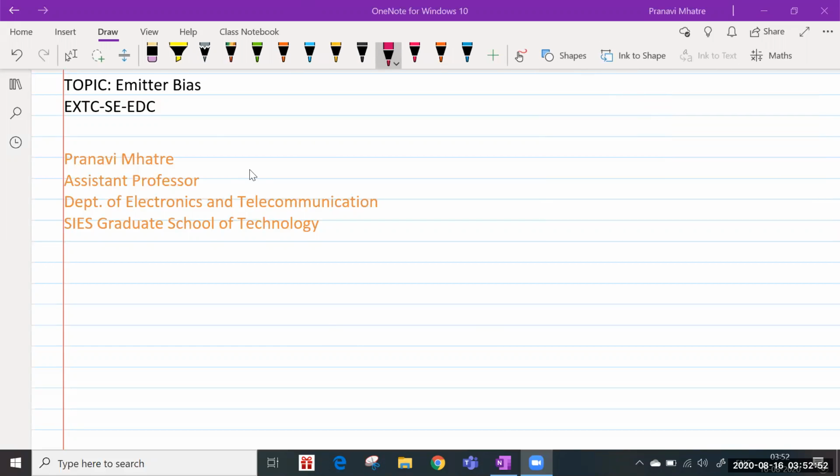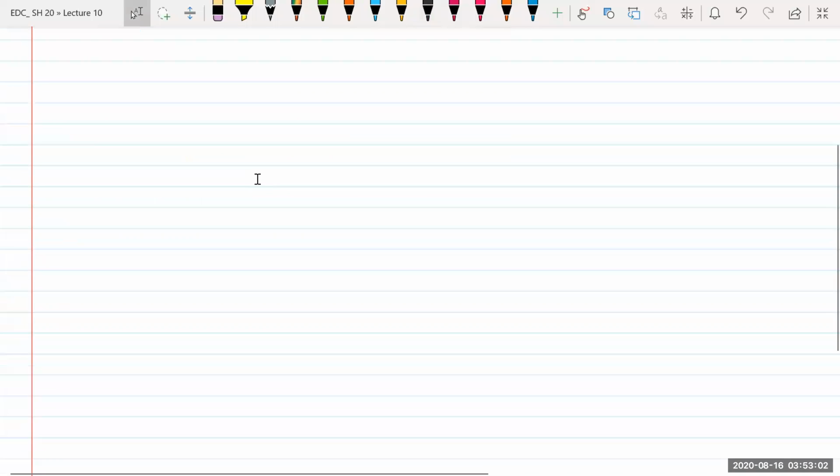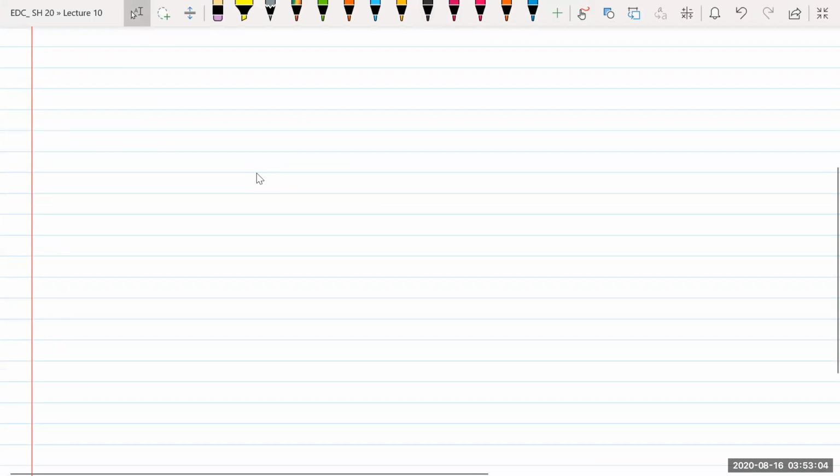So let's begin. First of all, I'll draw the emitter bias circuit. My transistor, and I'm having emitter resistor RE, base terminal and my collector terminal.